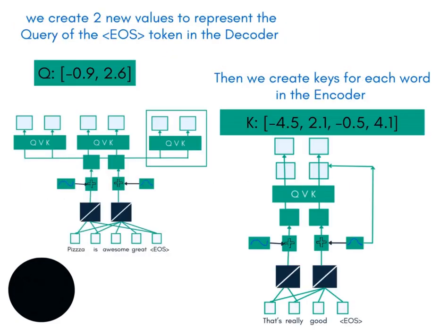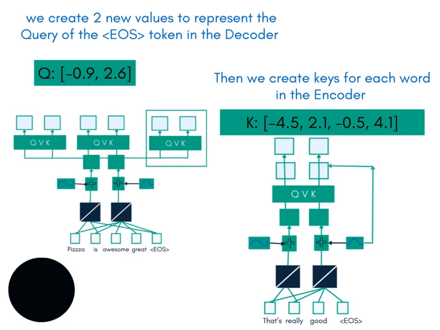We create two new values to represent the query for the EOS token in the decoder. Then we create keys for each word in the encoder. Here, the query is coming from your decoder part, and we create keys for each word in the encoder.